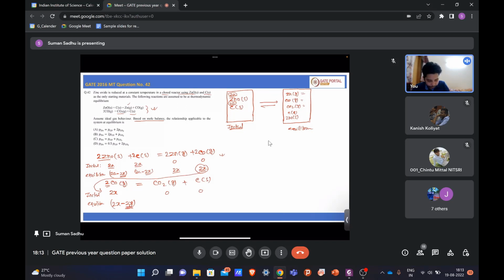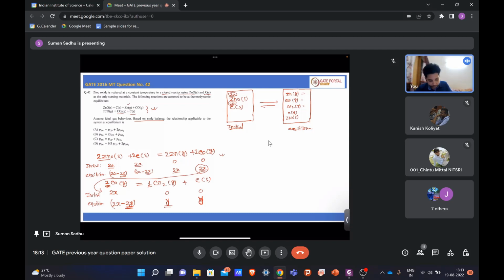If 2y mole of carbon monoxide is dissociating, how many mole of carbon dioxide will form? y mole of carbon dioxide will form, and also y mole of carbon in the solid form will form, because you can see that this is 2, here it is 1. So basically the ratio is 2 is to 1. So if 2y mole is dissociating, y mole of CO2 will form.